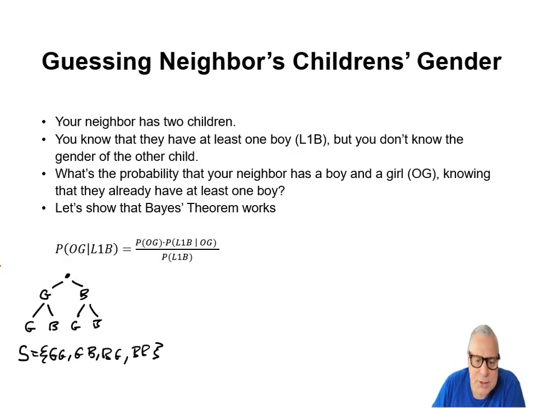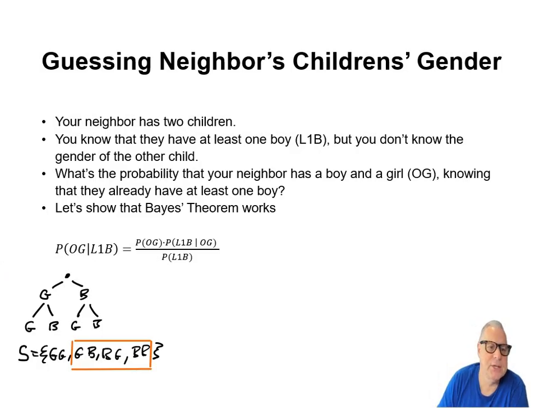So we have to conduct our analysis on this subset: girl boy, boy girl, boy boy. Those are all the ones that include at least one boy.